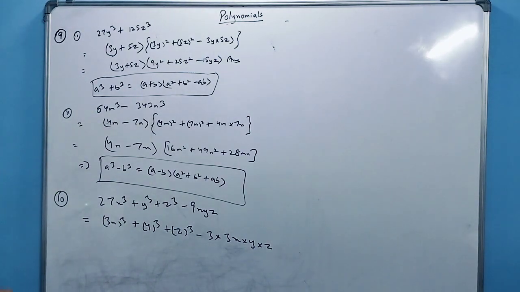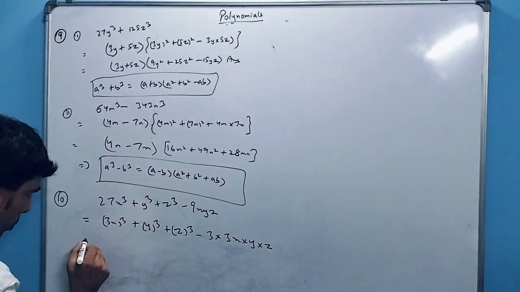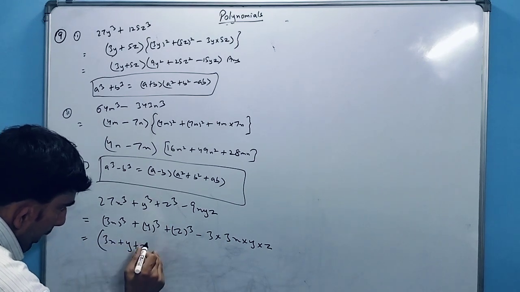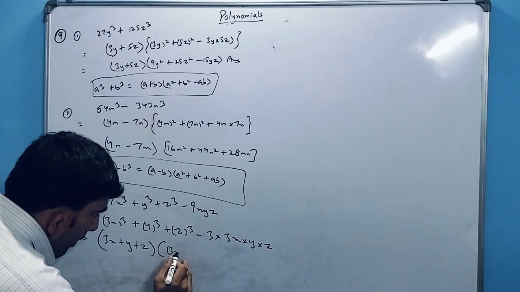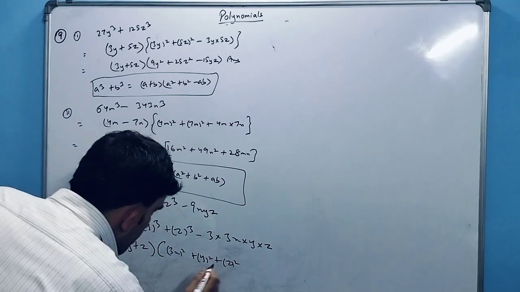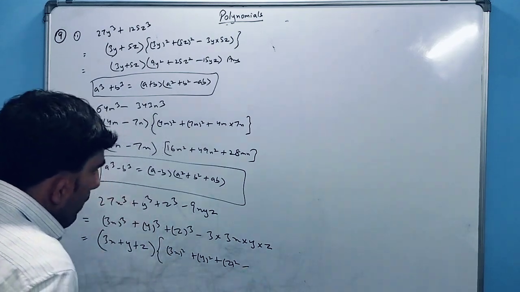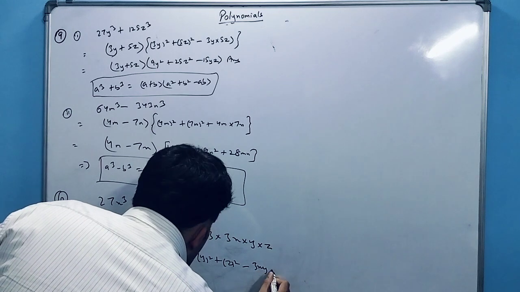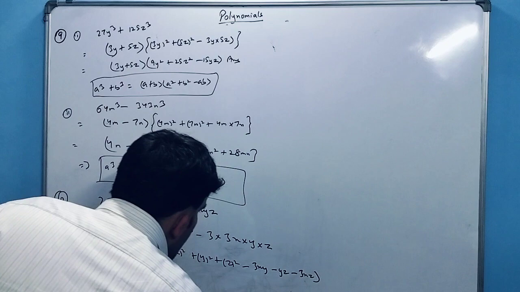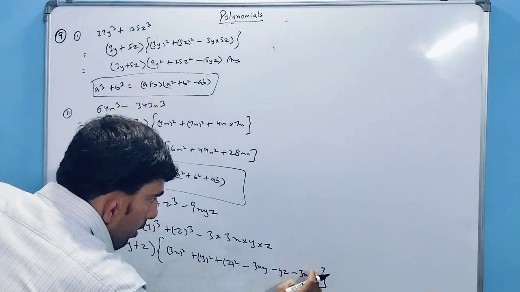We need to apply the identity, that is a cube plus b cube plus c cube minus 3abc is equal to what? a plus b plus c into a square plus b square plus c square minus ab minus bc minus ac. That is how we can apply the identity here.